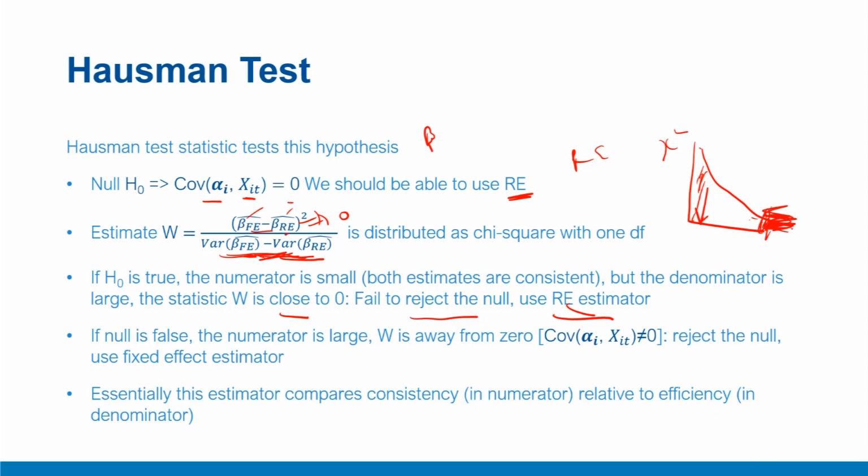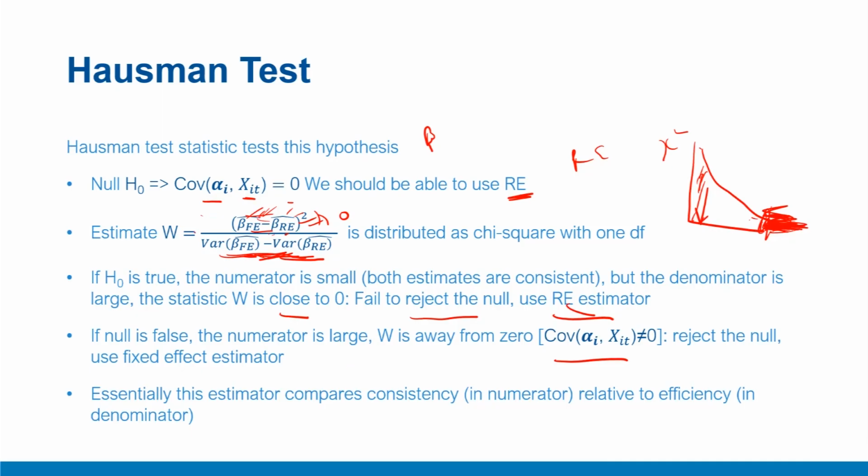We are able to reject the null hypothesis, which leads us to believe that this covariance is not 0, because that is the case when both of these will not be consistent. Fixed effect will anyway be consistent, random effect will not be consistent, and there will be a substantial gap between them. So when we reject the null, we assume that there is a lot of gap between these two, and therefore not only is random effect not consistent, it is way further apart from the fixed effect. So we choose the fixed effect.